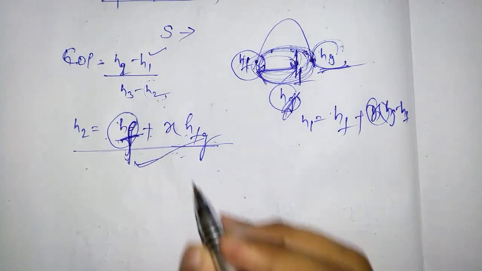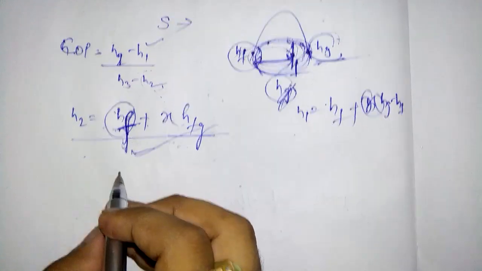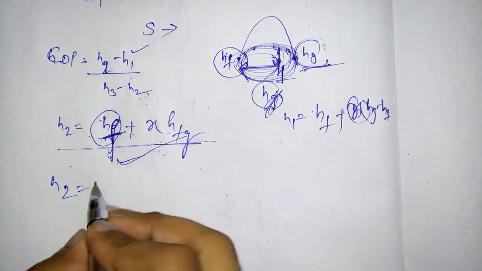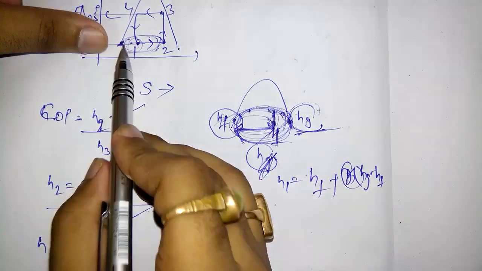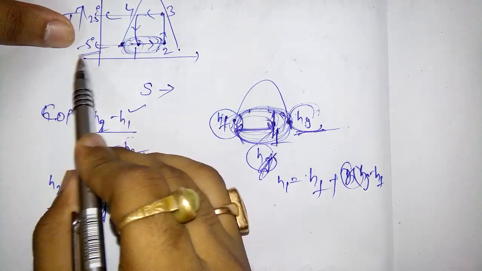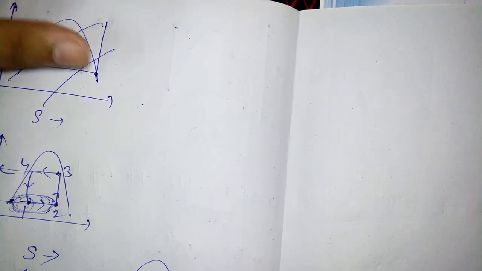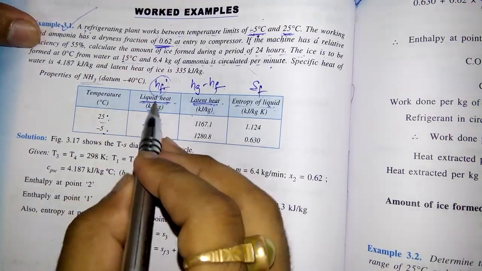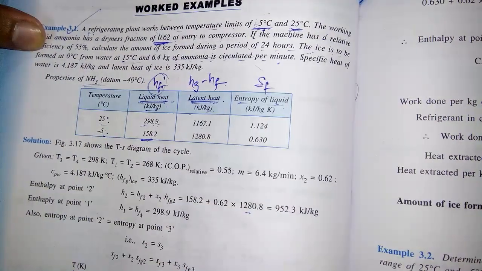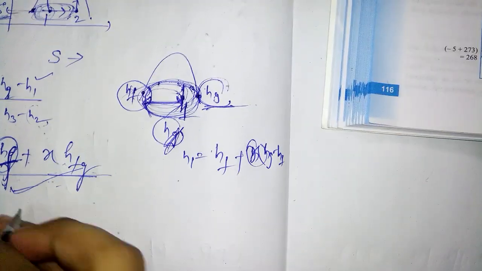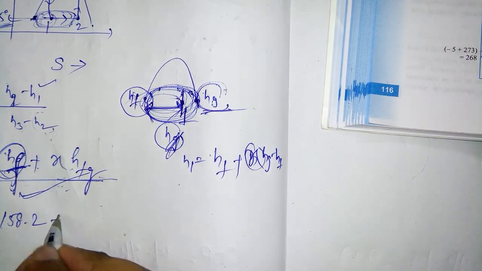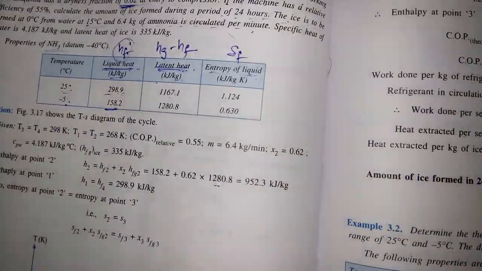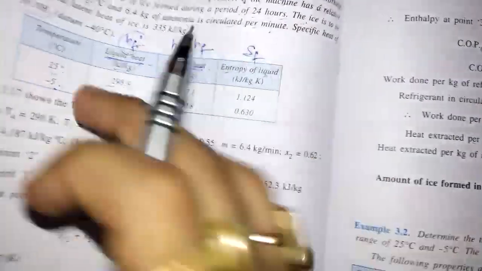This is your formula, and I am putting in these values. H2 I need to find out. Hf is the enthalpy of this point, because I am at minus 5 degrees Celsius. So from the book, let us see the value given. For minus 5 degrees Celsius, Hf is 158.2, and the dryness fraction is 0.62, which is already given. What is Hfg?